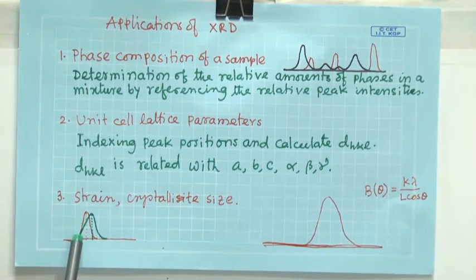That is why here I have shown the red peak and this green peak. If the red one is for the unstrained sample, then the strained one will be this green one. So, from the shifting of the peak, one can study the strain of the system.